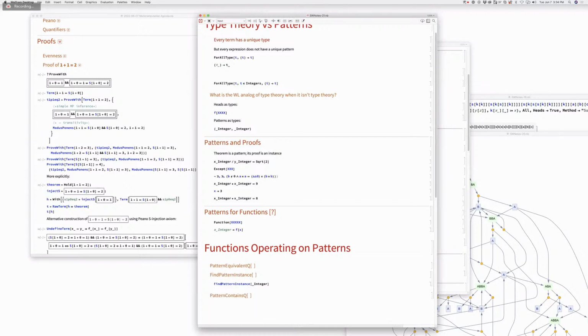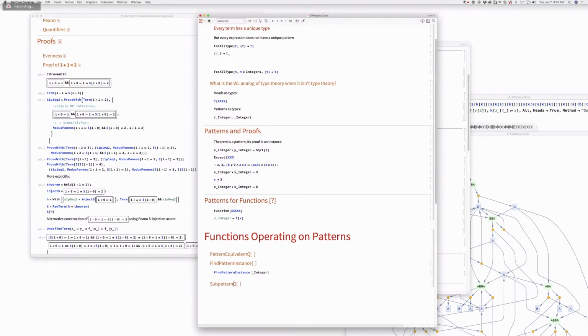Okay. Pattern contains, what is the right term? One pattern is a subset, sub-pattern queue or something. Is that the right term? Nick, do you already have some functions for this kind of thing? No, not really. But these seem useful to me.